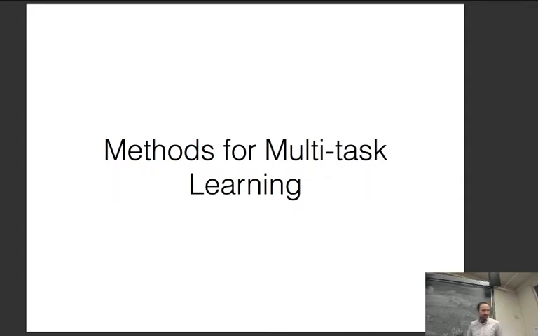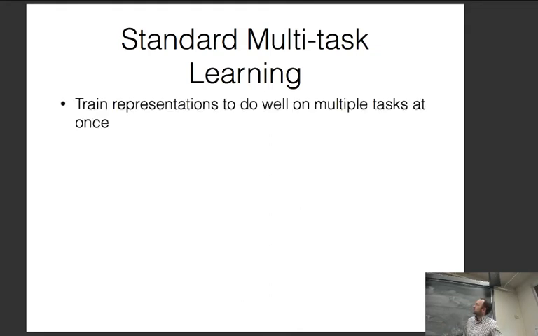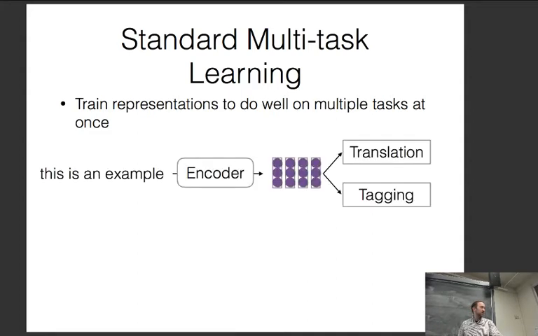Okay, so let me move on to methods for multitask learning. In standard multitask learning, this is where we literally have two different tasks, and we want the model to do well on both of them. So we don't particularly care about one task more than the other, and we want to get both.